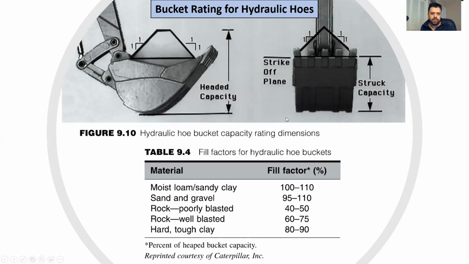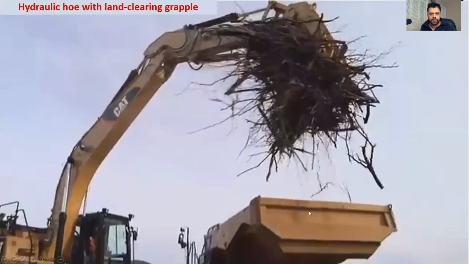But as you go down, for harder soil like tough clay, you cannot fill the entire bucket. You can fill up to 80 or 90% of the bucket. Most of the time when we are solving problems, they will tell us the type of the soil, and the purpose of that is to say what percentage of the bucket could be filled. So the type of the soil determines how much you can fill the bucket.